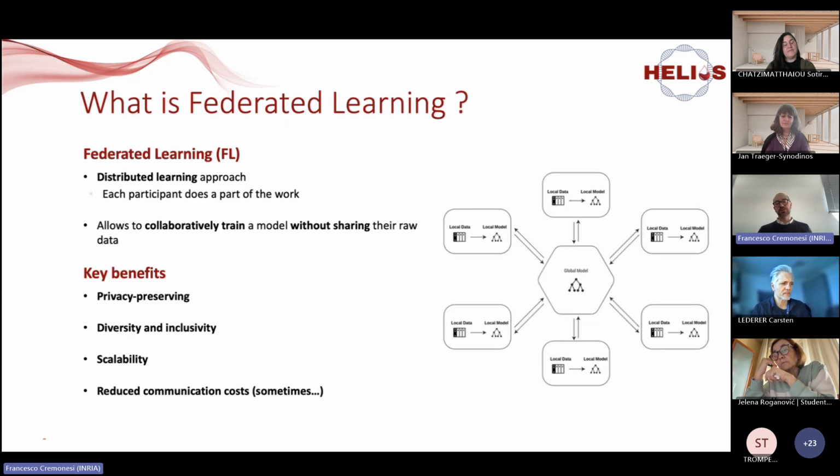If we were to characterize federated learning in a more formal way, it's part of the family of distributed learning approaches, because the learning is being done by each center in a distributed way. They can do it in parallel, they can do it asynchronously, it doesn't matter. But everyone does their own thing locally. And the idea of federated learning is that we are never sharing the raw data, but we are still able to collaboratively train some machine learning or deep learning model.